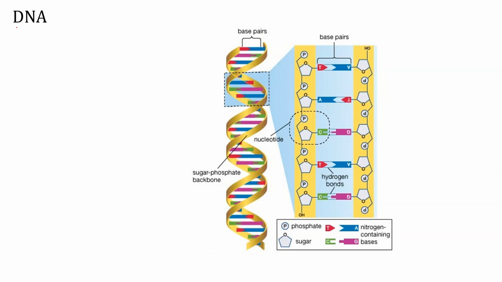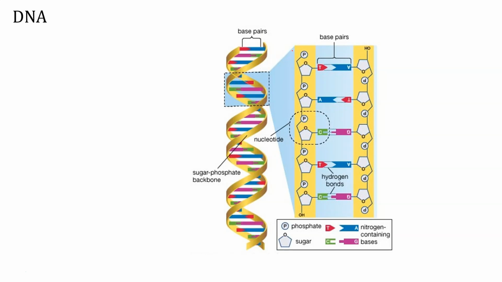DNA, again, stands for deoxyribonucleic acid. Deoxy refers to the fact that the sugar that is found in this ladder is the sugar deoxyribose. Okay, one other thing I'm going to have you note from this picture, you can see that each strand of DNA is actually arranged in opposite directions.